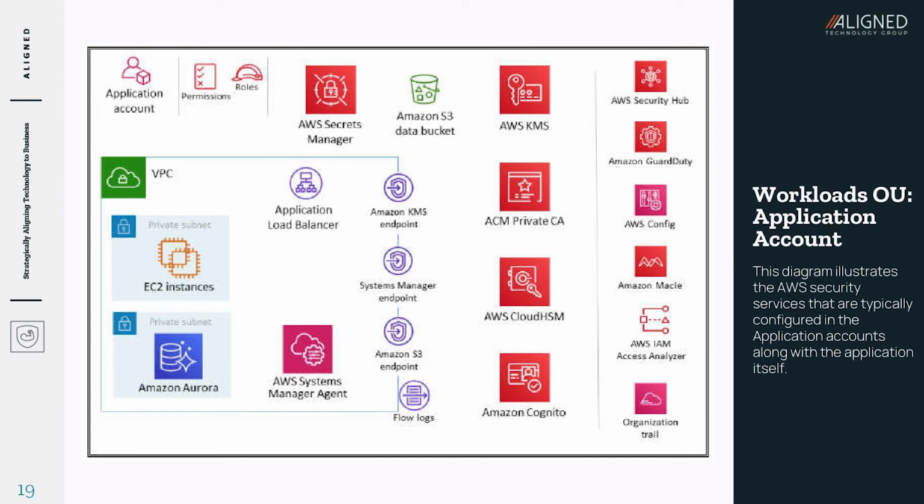So an application account hosts the primary infrastructure and services associated with a specific workload. For the sake of time, I'm not going to cover all aspects of this particular workload. I will mention that the VPC endpoints in the center there, in the blue circles, connect your application VPC to other AWS services. So you see there you have KMS, Systems Manager, and an Amazon S3 endpoint.